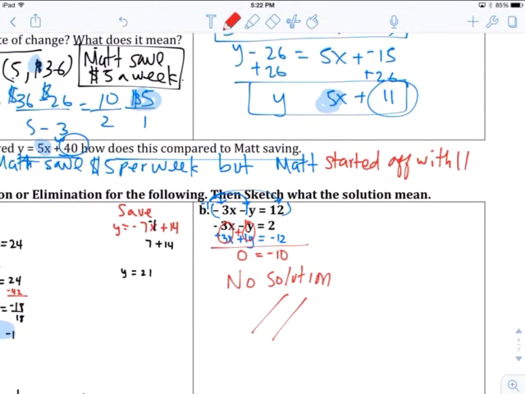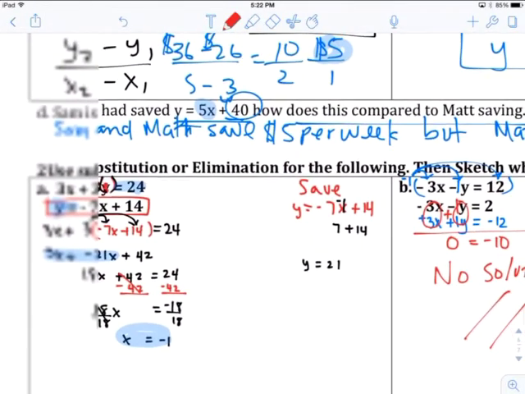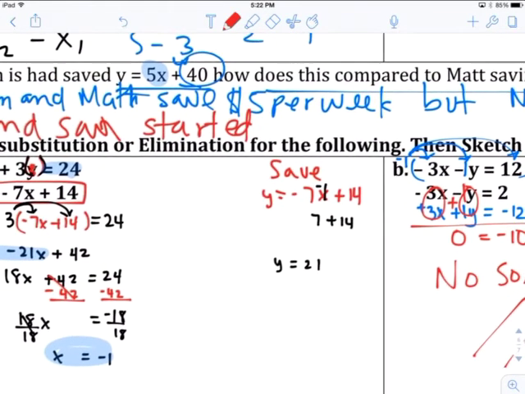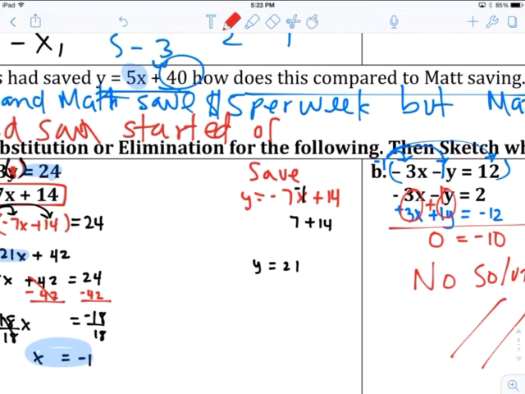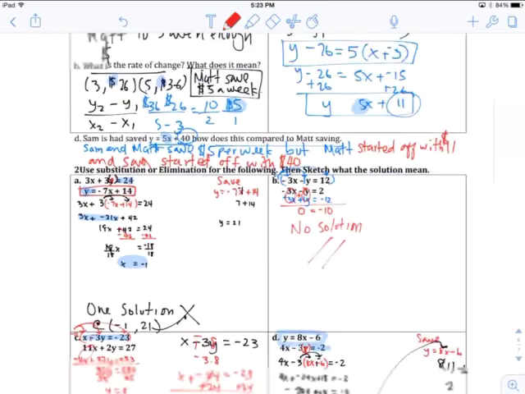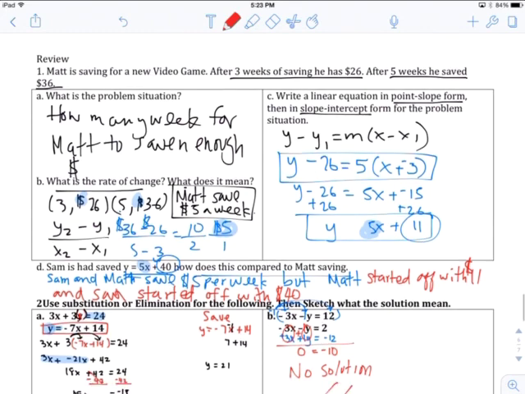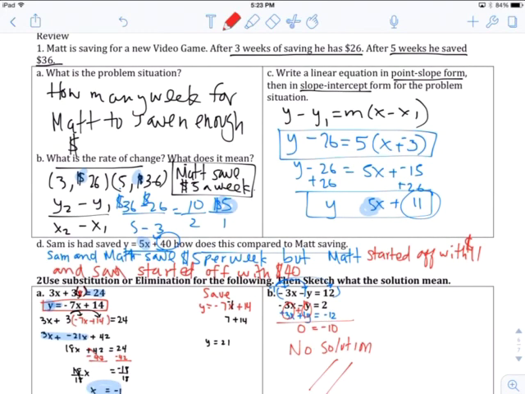Sam started with $40. Their y-intercept is different. So that's why when you sketch it, it's no solution. I'm going to stop this, save it, and post it.